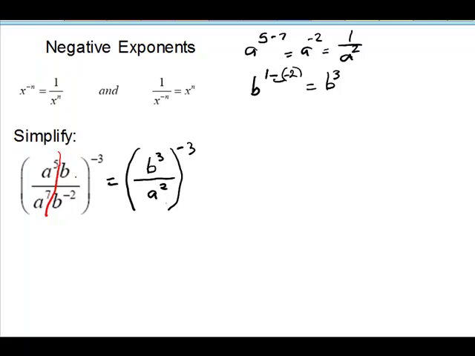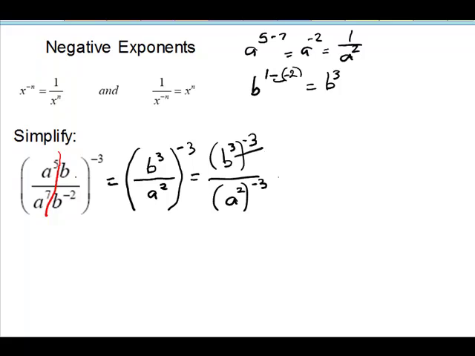And now we have a fraction to a power, so we'll break it apart into numerator and denominator, taking the outside exponent with each. So we have 2 little problems instead of 1 big one.